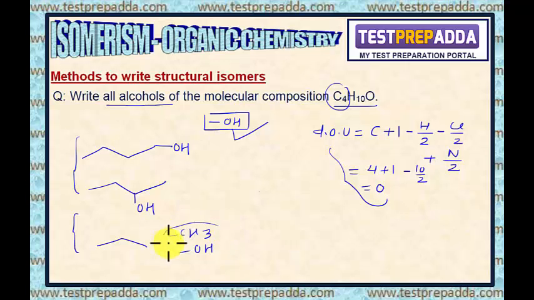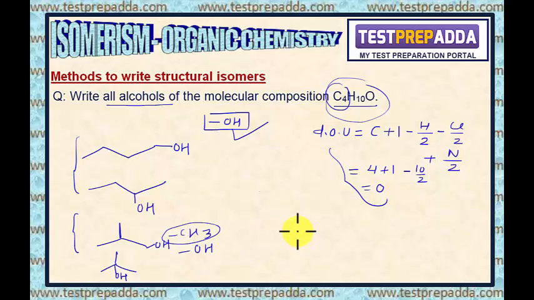So first CH3, you write all the skeletons. So I can write CH3 here. Okay, so OH where will you place? Now OH I can place like this. OH I can place here also. Okay, so these are the different possible alcohols for this molecular composition.